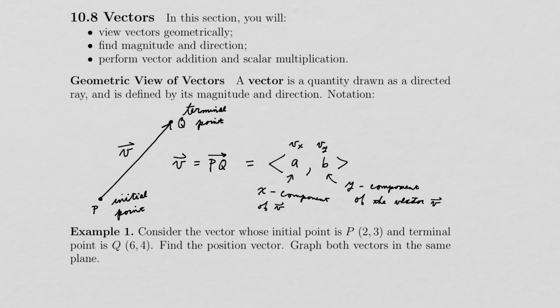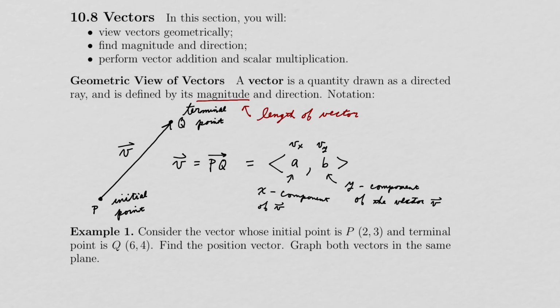Sometimes we even just call these V sub x and V sub y, meaning the x component and the y component. And notice here that the vector has both a magnitude, which is given by the length of the vector, and it has a direction depending on how it's pointing.